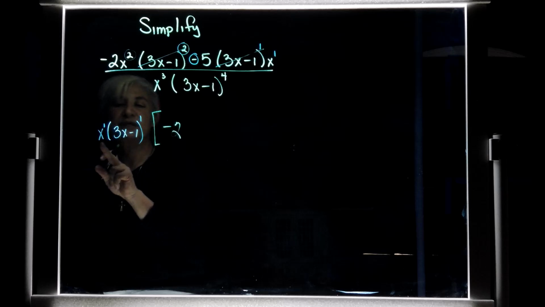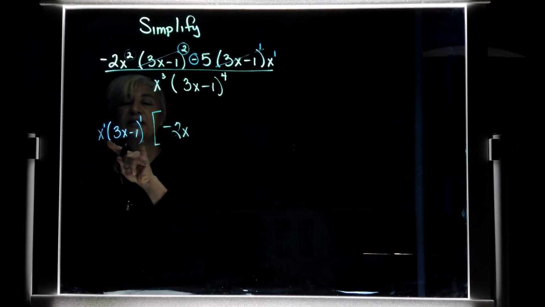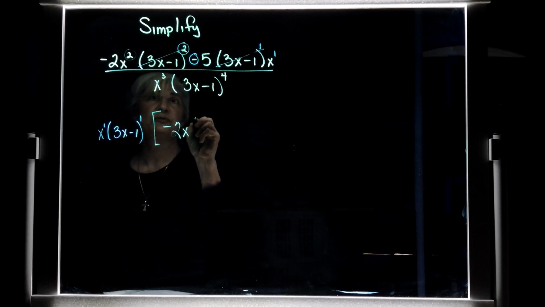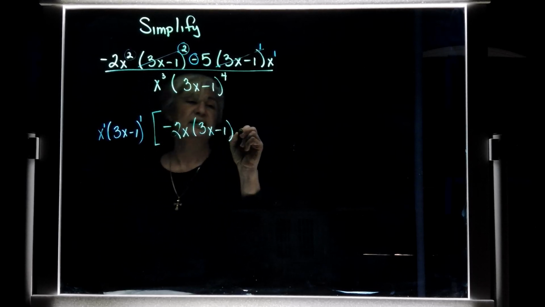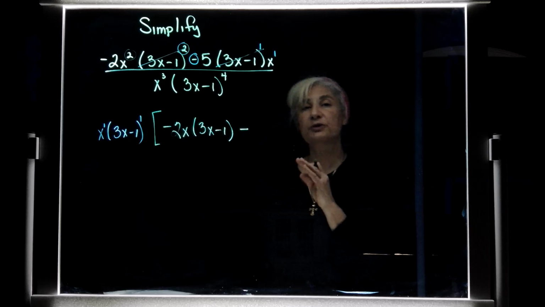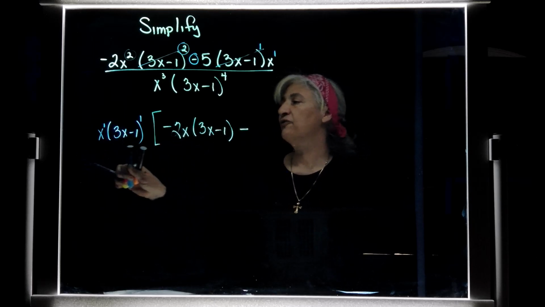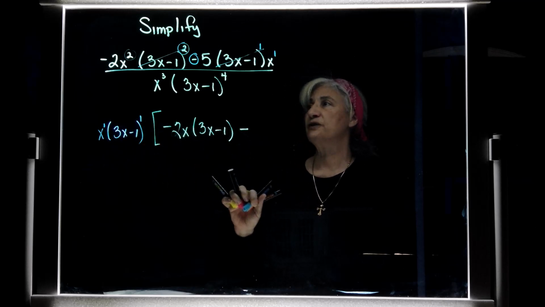X squared, well, I'm taking out one x, so there's an x left. I am taking out a 3x minus 1. There's 2 of these parentheses, which means there's still 1 left. And then I hit the minus. Okay, so term number 1, done. I looked at it. I took out an x to the power of 1, this parenthesis to the power of 1, which left 1 of each of those.